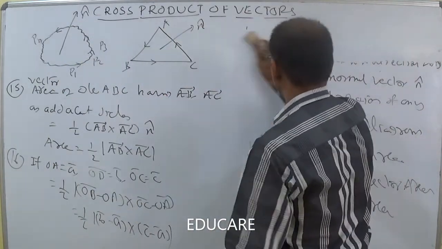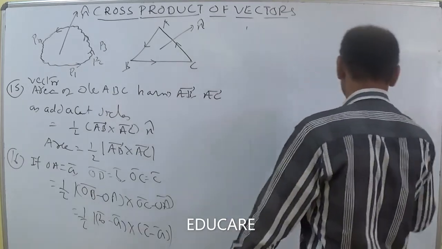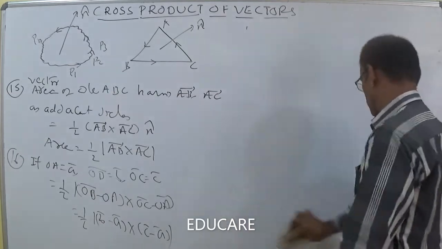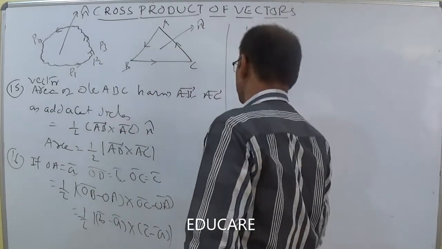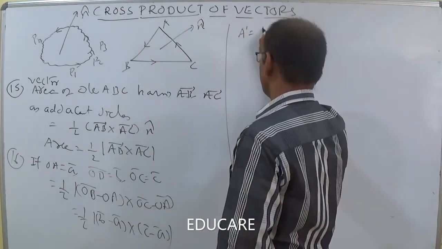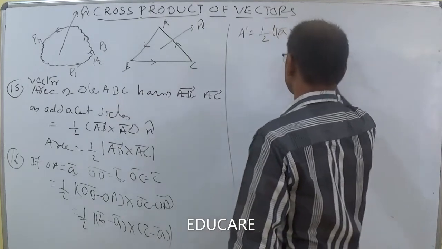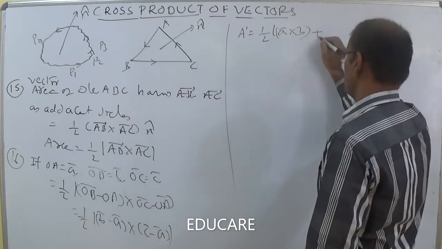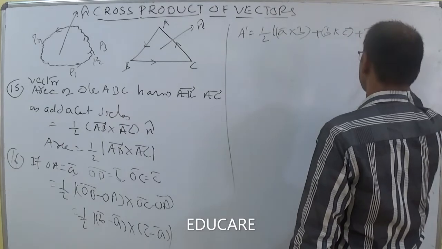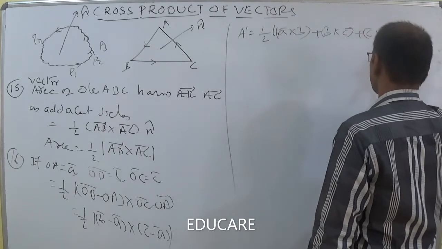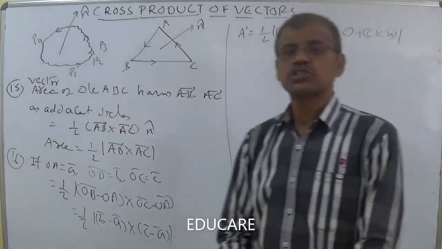If you multiply using the cross product property, you will get the area A equal to 1 by 2 into modulus of A cross B plus B cross C plus C cross A. This is the area when A, B, C are position vectors.